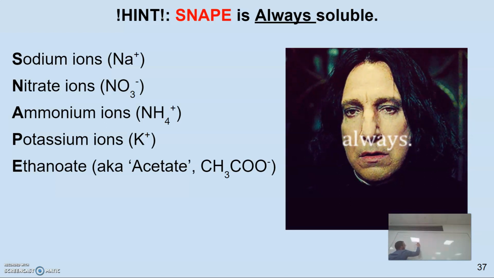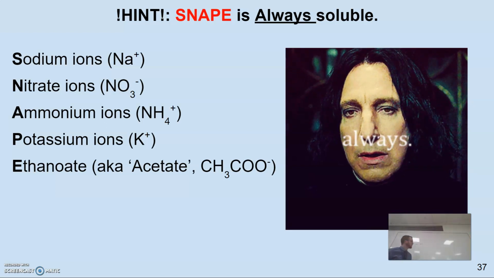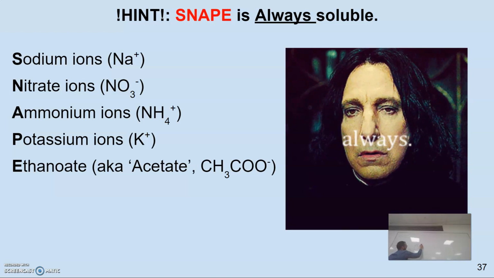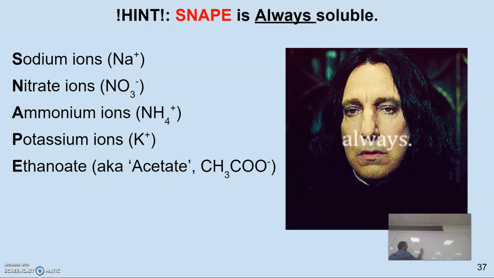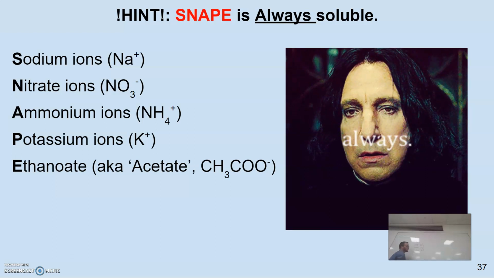Sodium. And it's the sodium ion, not the sodium metal. Nitrate. That's NO3 minus. Ammonium. That's NH4 plus. Potassium. So we see we've got this trend with most of our group 1 metals will be soluble, right?